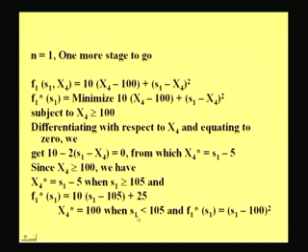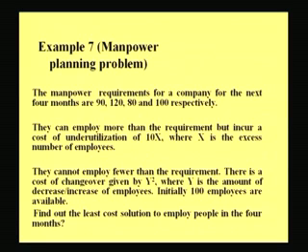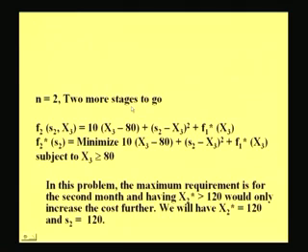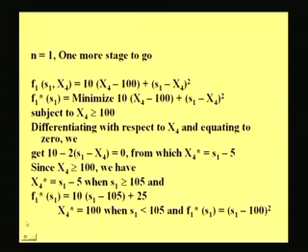So, in the range x3 less than 105, or in the range of x3 between 80 and 105, where 80 comes from the fact that the minimum requirement is 80, the function becomes minimize 10 into x3 minus 80 plus 120 minus x3 the whole square plus x3 minus 100 the whole square. This x3 minus 100 the whole square comes from S1 minus 100 the whole square.